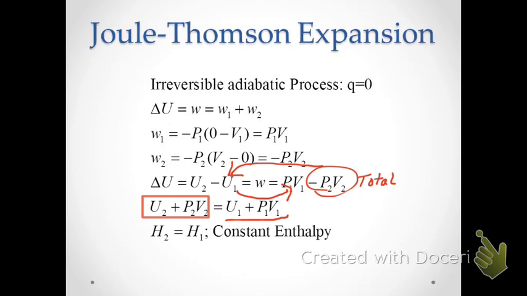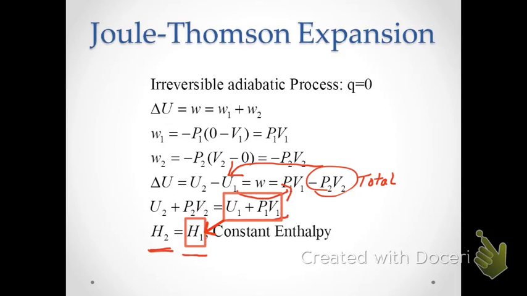Well, if we go back to our definition of enthalpy, we'll recognize that because enthalpy H is equal to U plus PV, U2 plus P2V2 is just H2, and U1 plus P1V1 is just H1. So what that means is that the initial enthalpy, which is H1, is equal to the final enthalpy, which is H2.